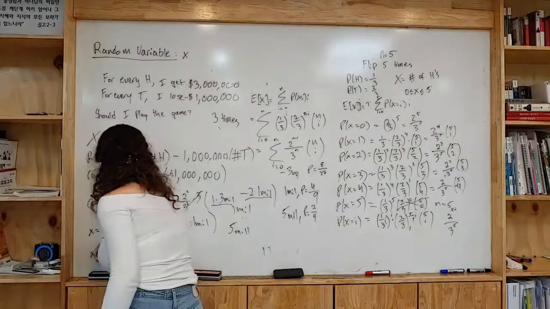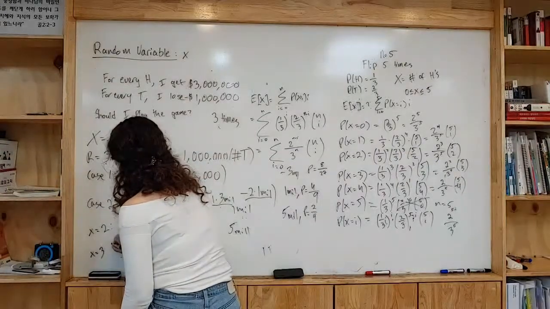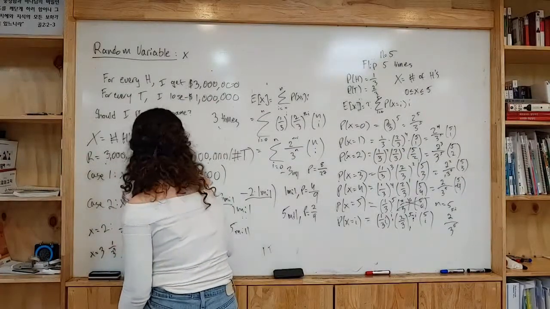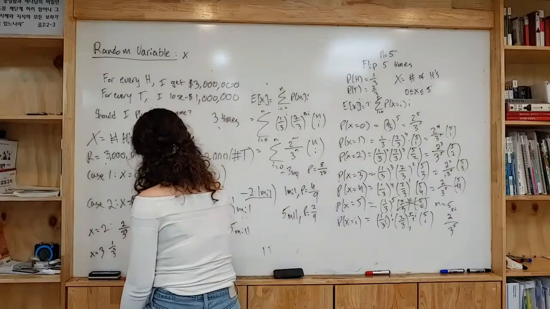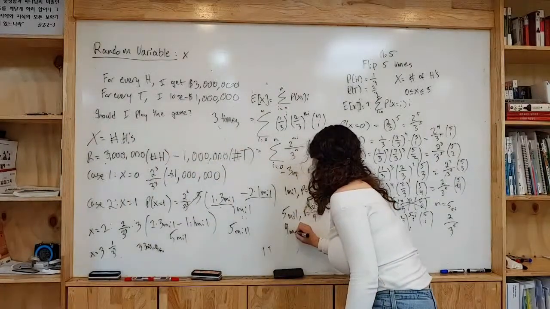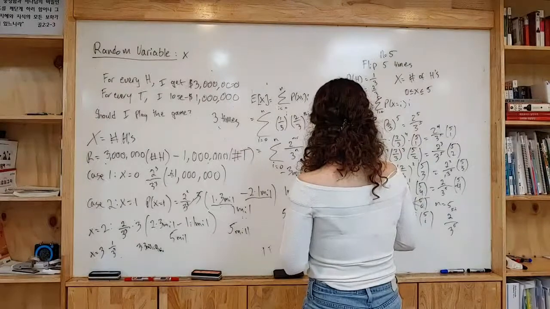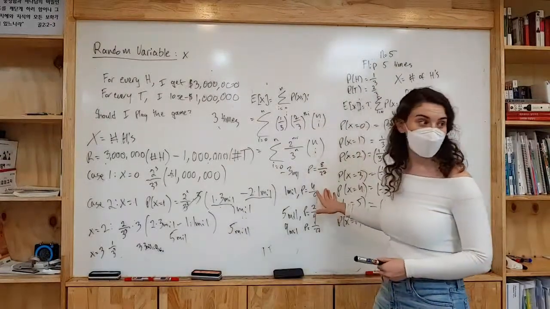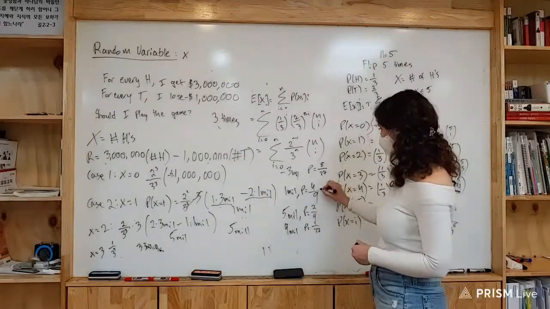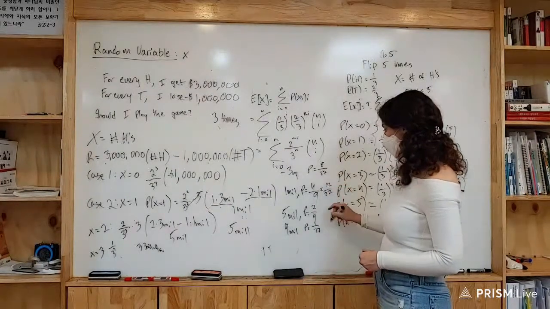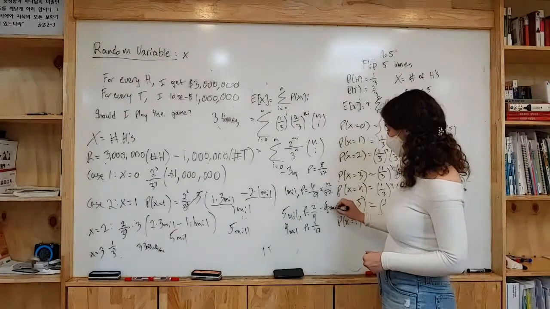X equals 3. Alright, we get 1 over 3 cubed. Okay? And how much do we get? 3 times 3 mil equals 9 mil. Alright, and then you add it up. So if we look at all of this out of 27, 4 times 3 is 12 divided by 27, this is 6 divided by 27, and that's 8 divided by 27.